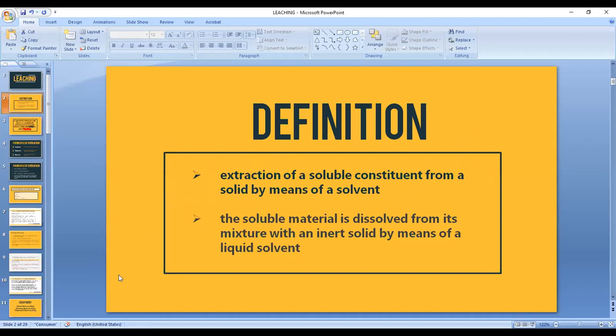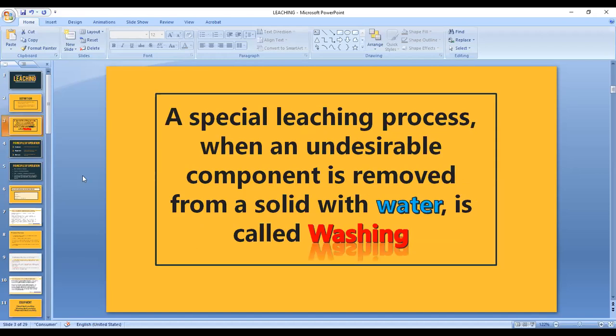So you're going to take out the solute from a solid matrix. The soluble material is dissolved from its mixture with an inert solid by means of a liquid solvent. That's leaching.